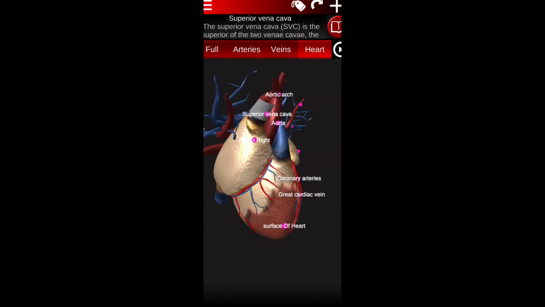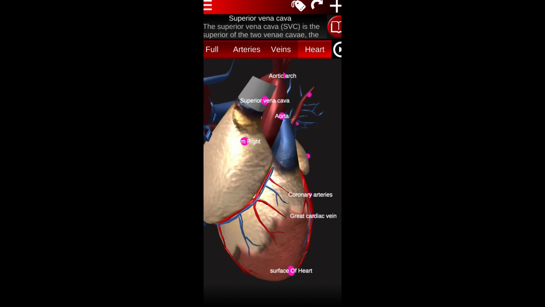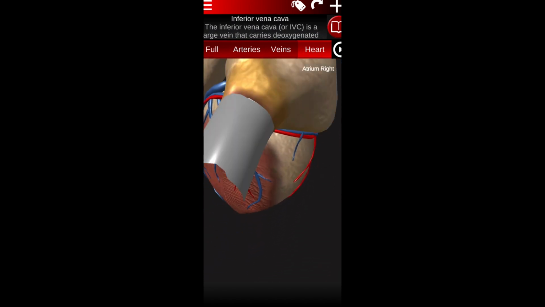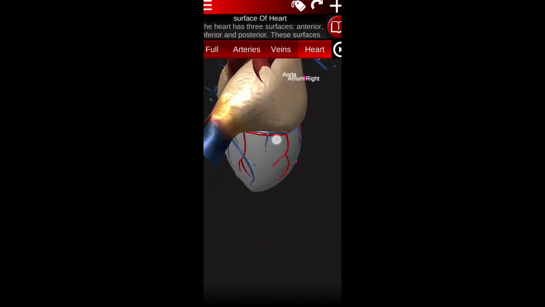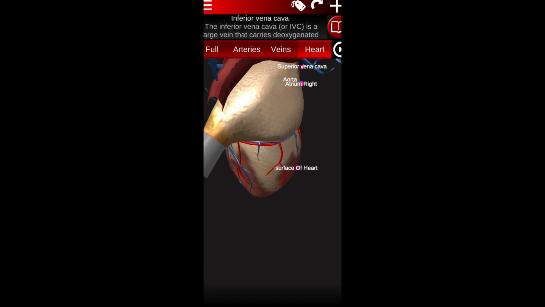Also here you can see the superior vena cava, or the cranial vena cava, which takes blood from the head region as well as from the forelimbs. And then this is the inferior vena cava, or the caudal vena cava in animals.